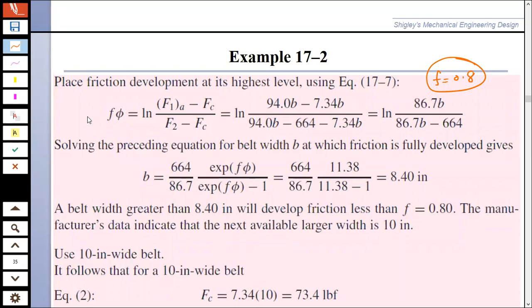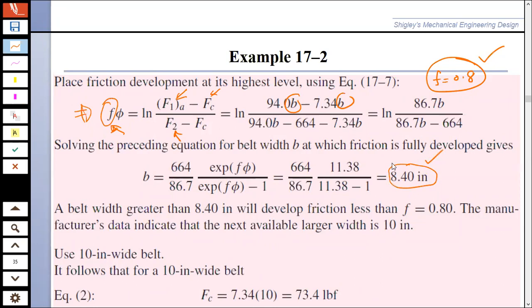So when we check for the friction development, we will put the value of F as 0.8, and when we plug in the values of Fi, Fc, F2, they had the B term, so the only unknown now is B because we assume that maximum friction is developed, which is the coefficient of friction of 0.8. So from this equation we calculated B, and that is 8.4.